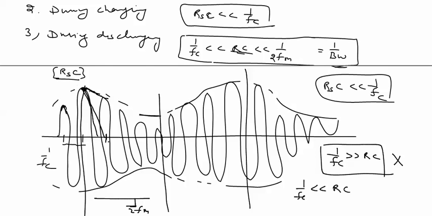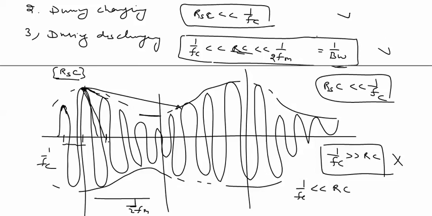It should not be so slow a discharge that it skips all the peaks and drops at this level. RC should not be too slow compared to 1 upon twice fm, so it can't skip peaks within the half cycle. So these two conditions come from charging and discharging. Very important condition. Alternate years we get one question from the envelope detector.